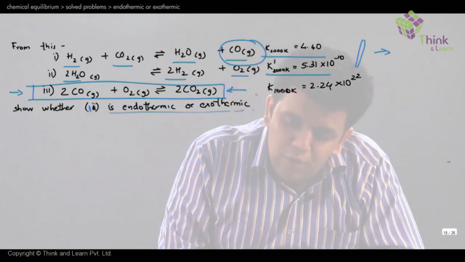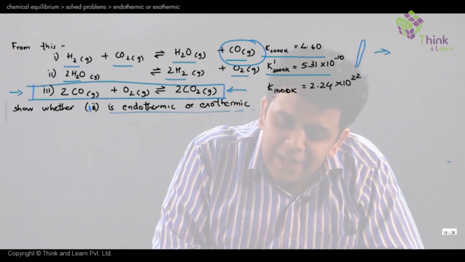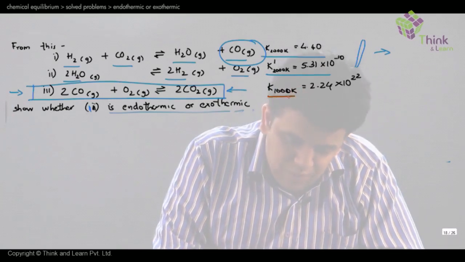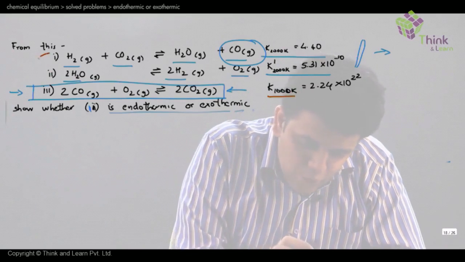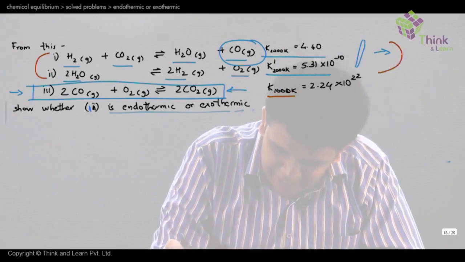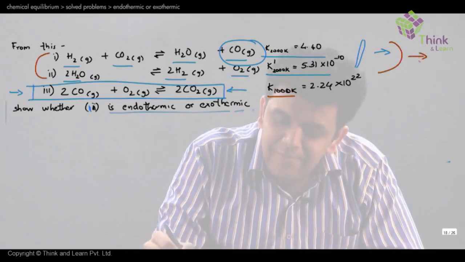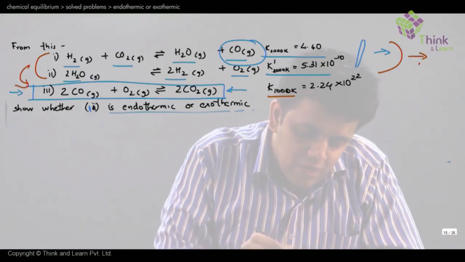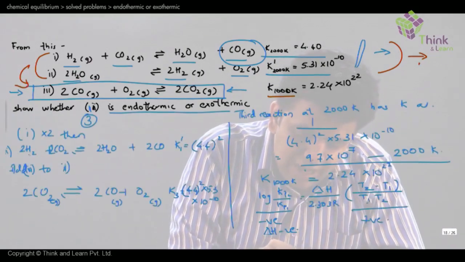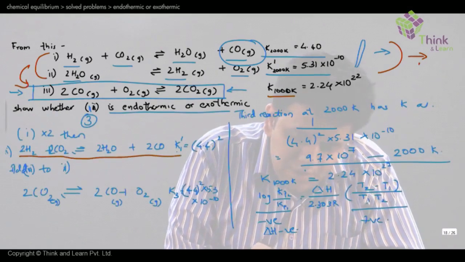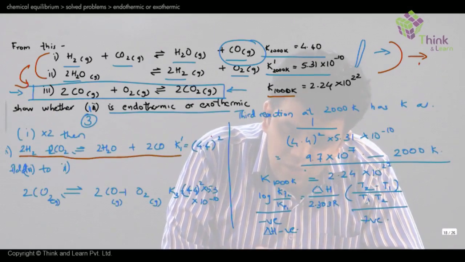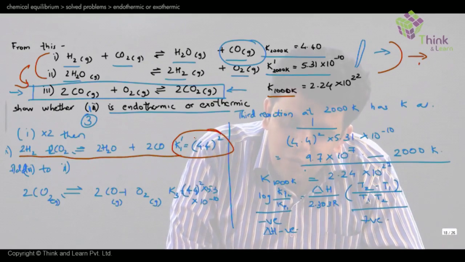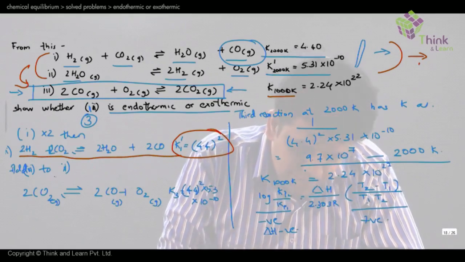Now for finding K at 2000 Kelvin, first of all, I will use these two data points that I have and manage to get this reaction, right? For that, I multiplied the first equation by 2 and found the K1 dash to be 4.4 into 10 raised to 2.